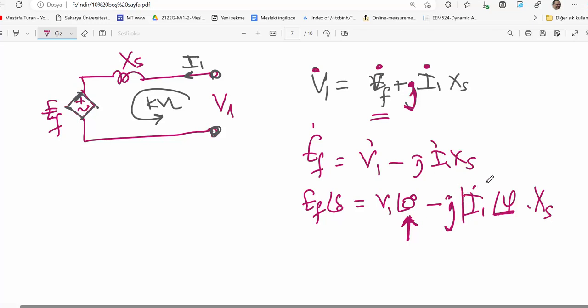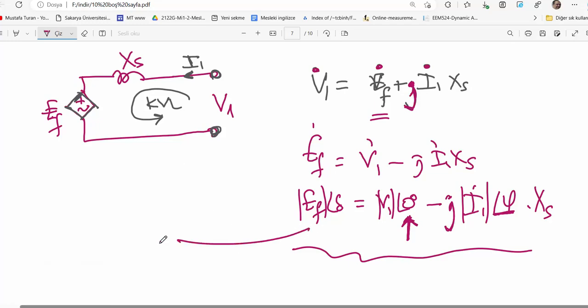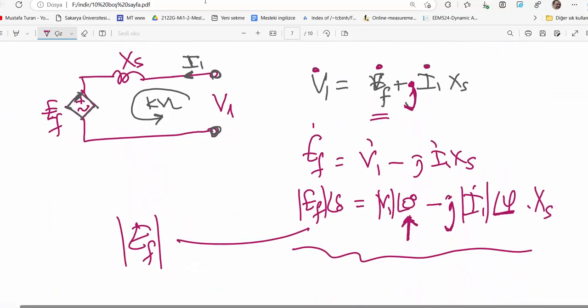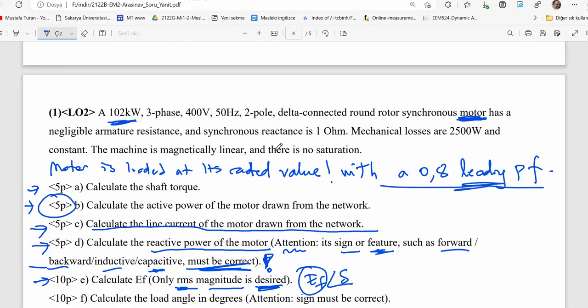Ladies and gentlemen, that is magnitude, here is magnitude. So let's calculate this one because we need the EF magnitude. But let's read the question again.